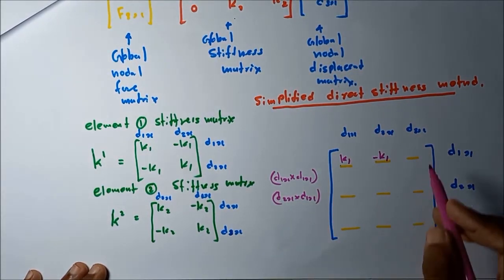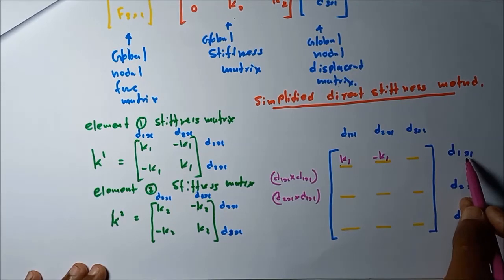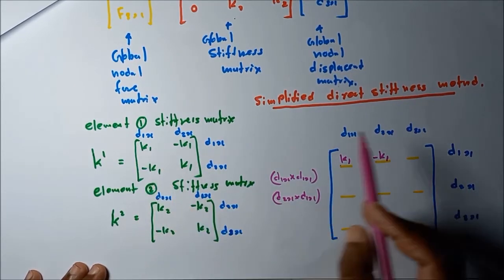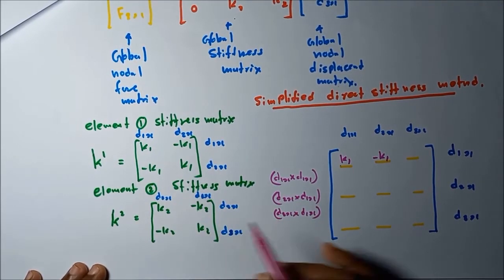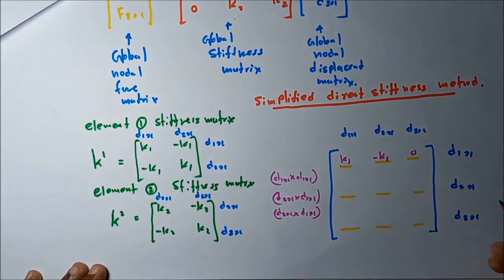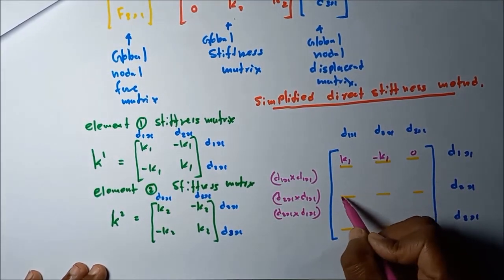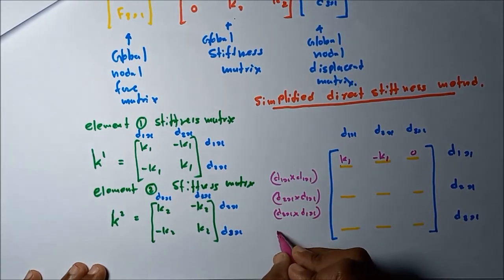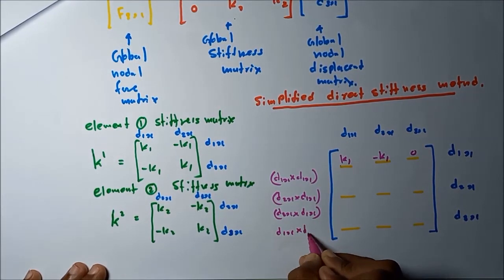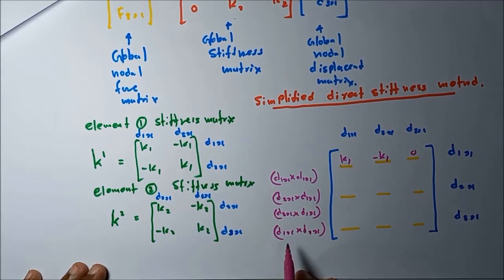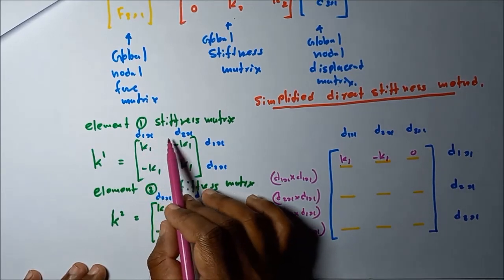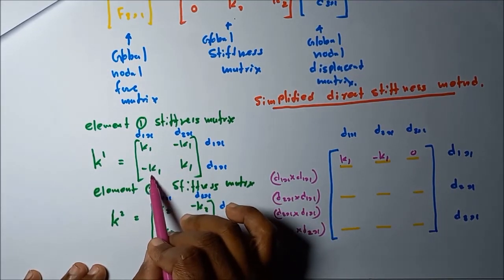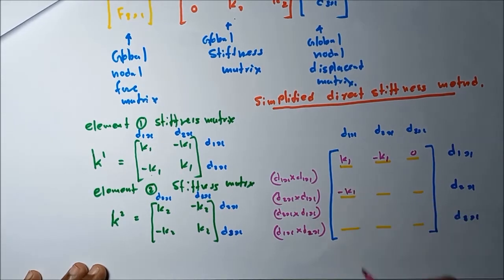Then d3x d1x terms: is there any d3x d1x term? No, 0. Then we go to the next row, d1x d2x terms. What are the d1x d2x terms? The d1x d2x term here is minus k1.